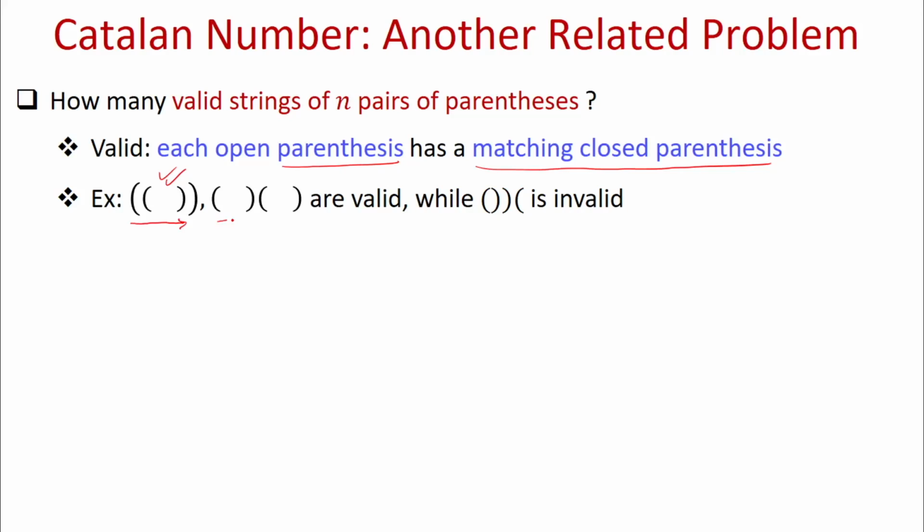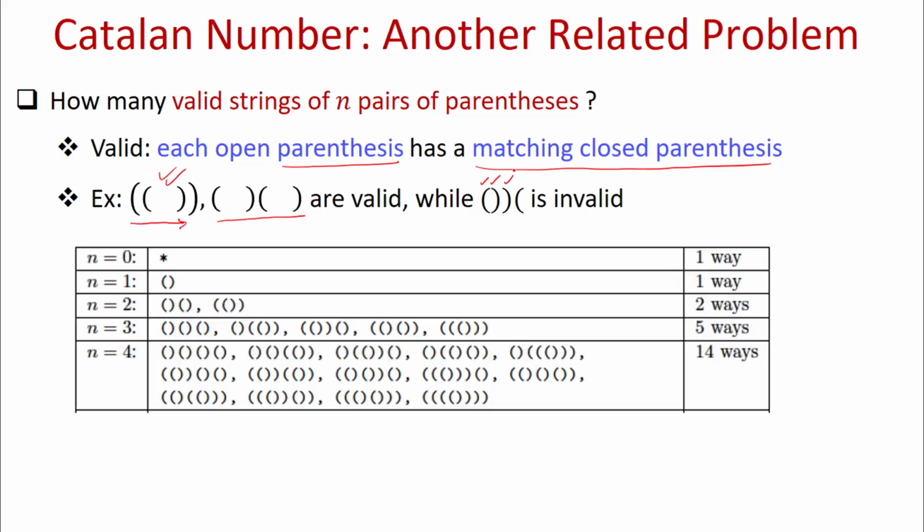In the same way, this is a valid sequence, but this is invalid because you have an opening bracket and then a closing bracket and then followed by a closing bracket. For that, you don't have a corresponding opening bracket as of now. So that's why this is an invalid string. So we want to find out how many such valid strings of n pairs of parentheses we can have.